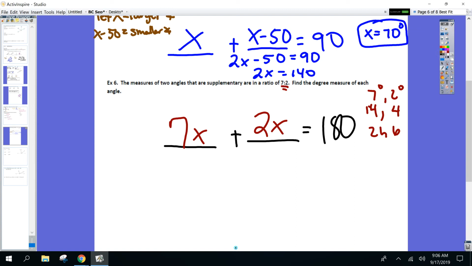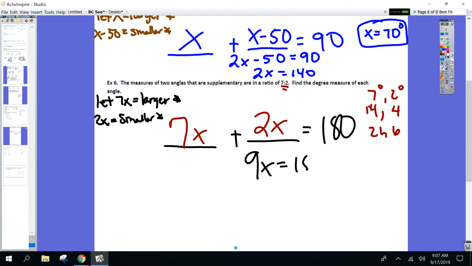So now this becomes, let 7x equal the larger angle, one angle, anything works here. And then 2x would be the smaller or the second angle, either one here. Okay, let's solve it. You've got 9x equals 180.